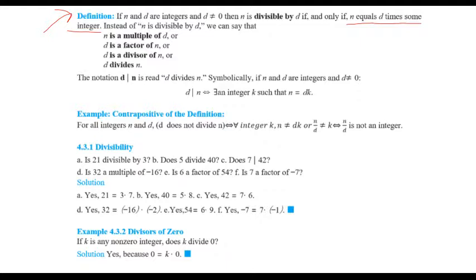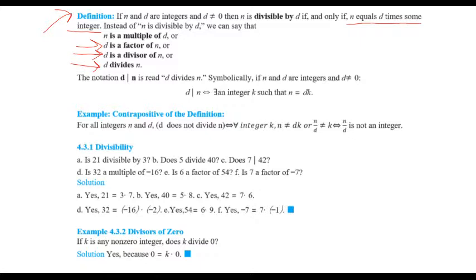Instead of saying n is divisible by d, we can say that n is a multiple of d, or d is a factor of n, or d is a divisor of n, or d divides n. Any of these four phrases is equivalent to saying n is divisible by d.